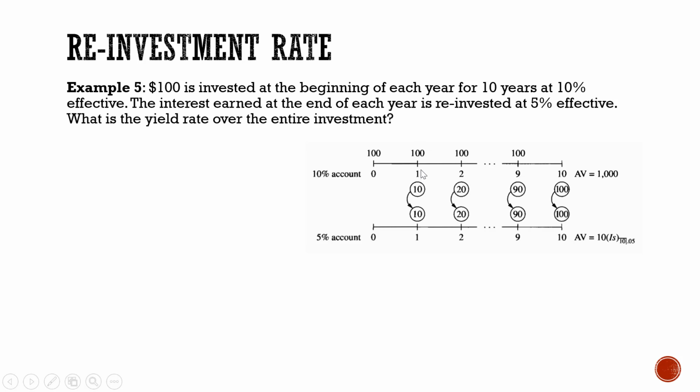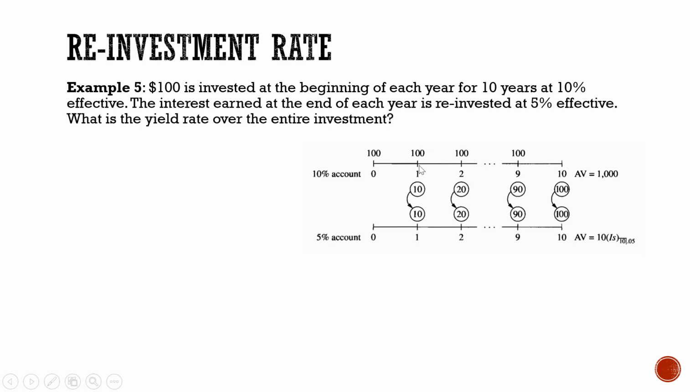So at time 1, $100 earns $10 interest. So the $10 here comes from $100 invested at time 0. And this $10 is withdrawn and reinvested into the second account. At time 1, we have $200, $100 from time 0 and $100 invested at time 1.